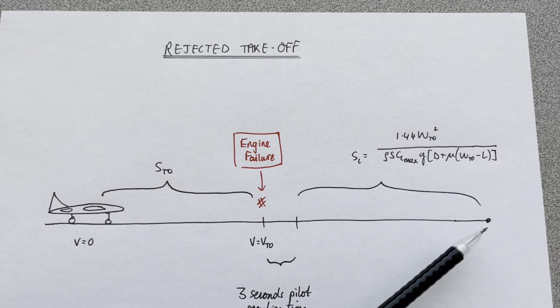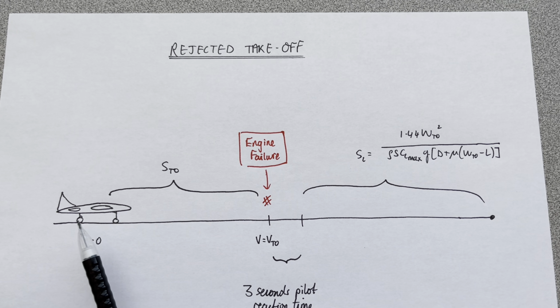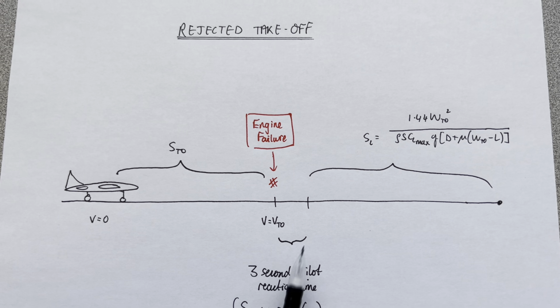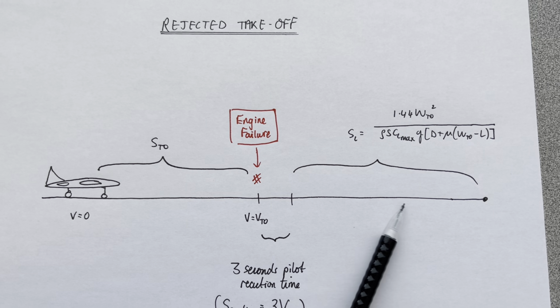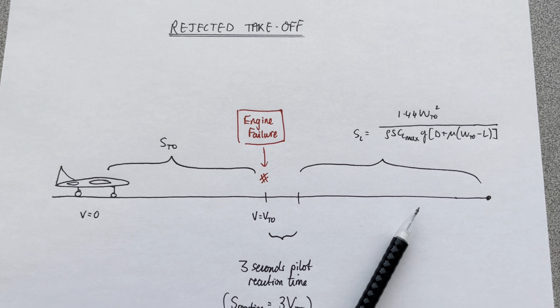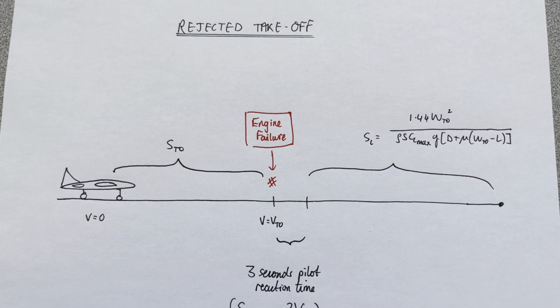And assuming that we can show that our airplane is able to start stationary, accelerate to the takeoff speed, build in this 3-second buffer, and then decelerate from that speed all the way back to 0 within the given runway length, will determine whether we are legally allowed to fly in and out of that airport.